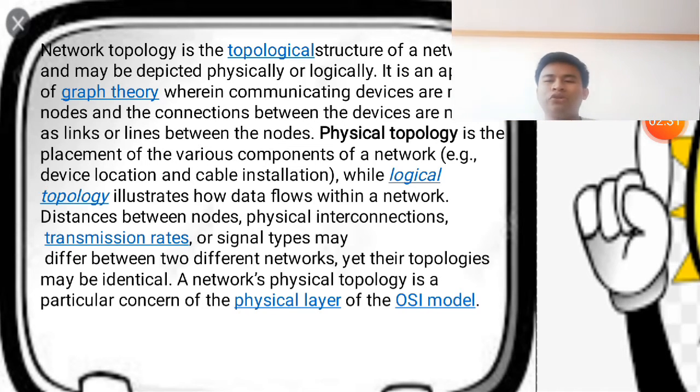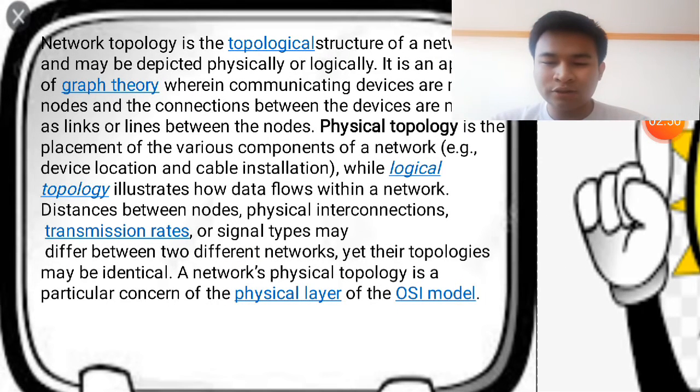While the logical topology illustrates how the data flows within a network. The distance between nodes, physical interconnection, transmission rate, or signal types may differ between two networks, but the topologies may be identical.